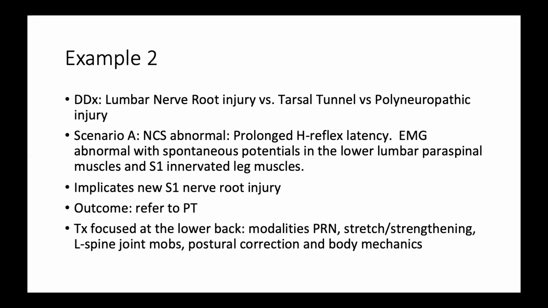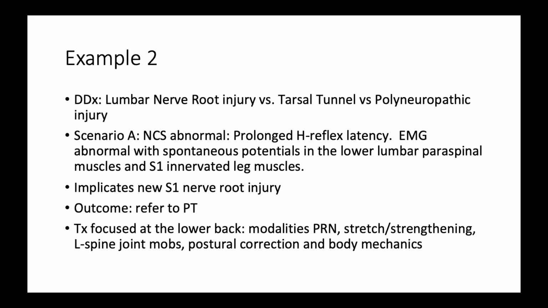Because he had spontaneous potentials, which means the injury is new, there's active denervation going on. Even though he had a chronic history of lumbar complaints, he has a new nerve root injury, so he would be referred for physical therapy to address his newly developing lumbar radiculopathy.